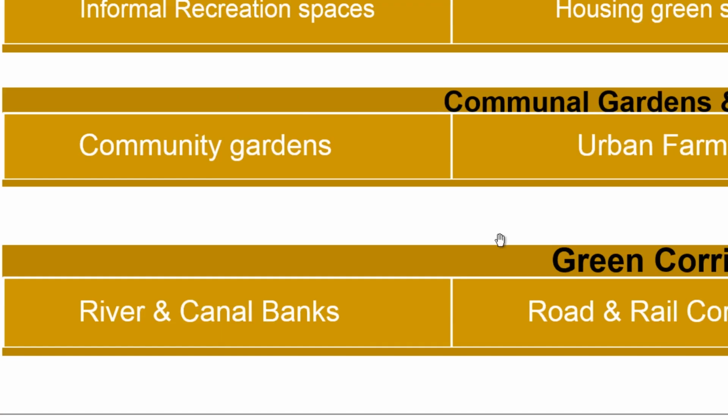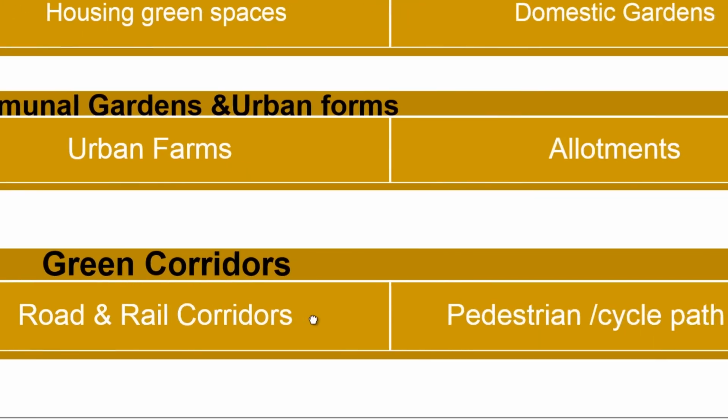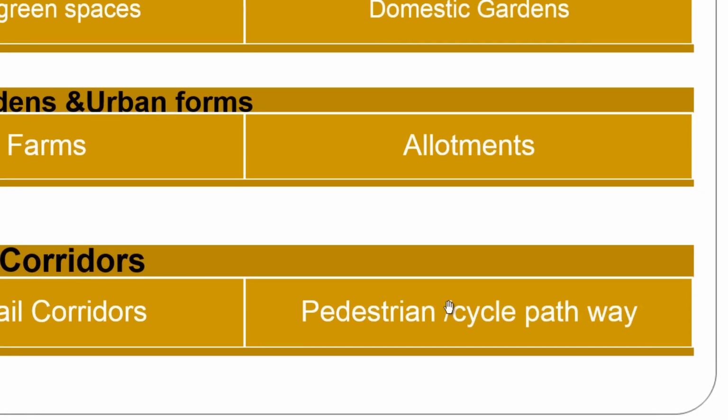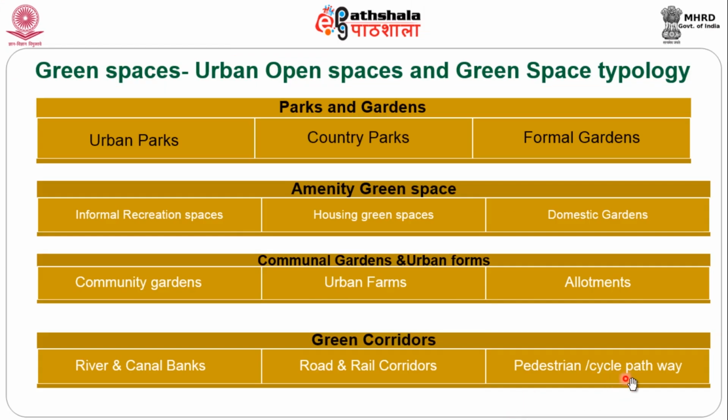Under green corridors, we will be looking into the rivers and the canal banks which run around the city or pass through the city and create connectivity between the city and the rural area. And we have infrastructure, roads and rail corridors, the pedestrian and cycle pathways, all of which come under green corridors.